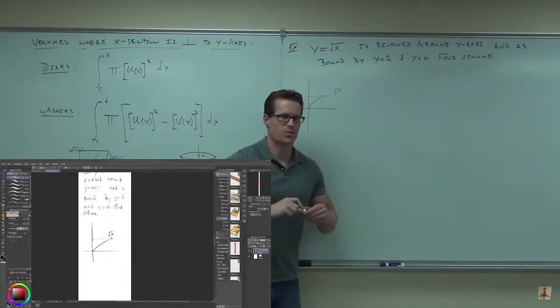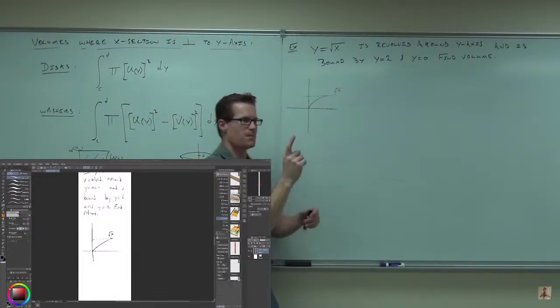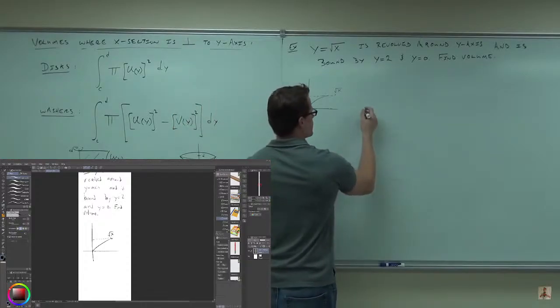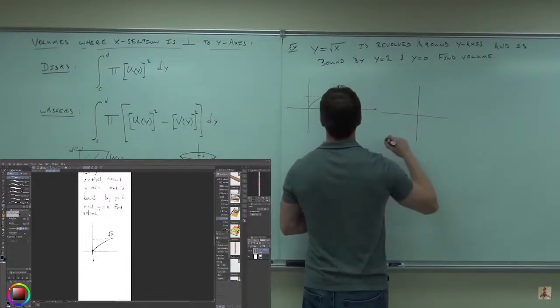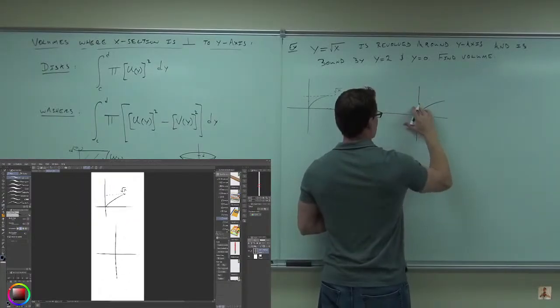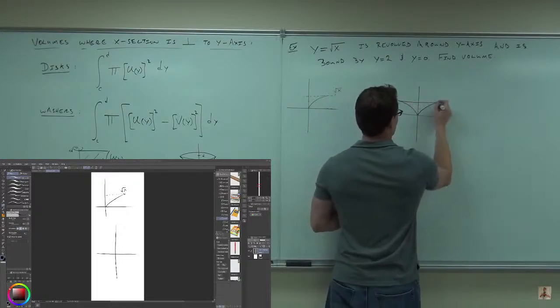Now, here's the problem. Am I going this way or this way? It says around the y, so I'm basically taking this shape and making that shape out of it.